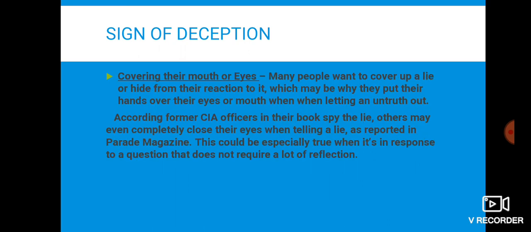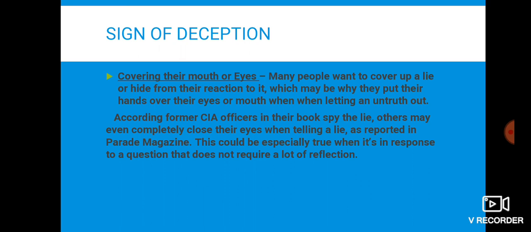Next is covering their mouth or eyes. Many people want to cover up a lie or hide from their reaction to it, which may be why they put their hands over their eyes or mouth when letting an untruth out.